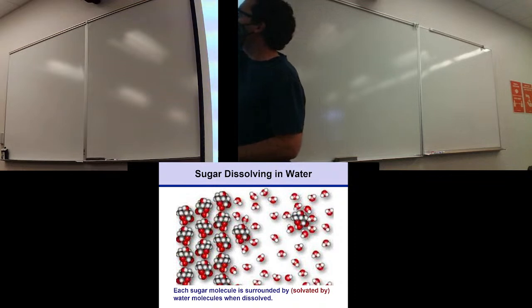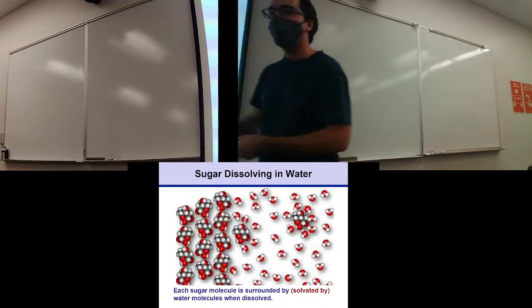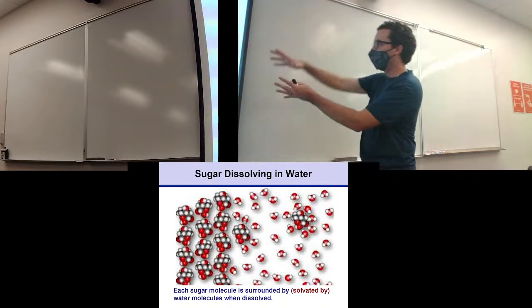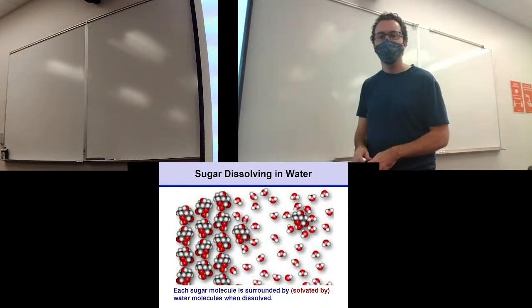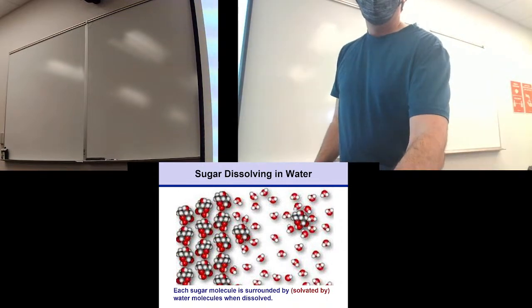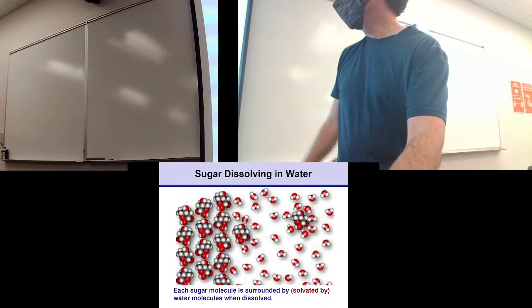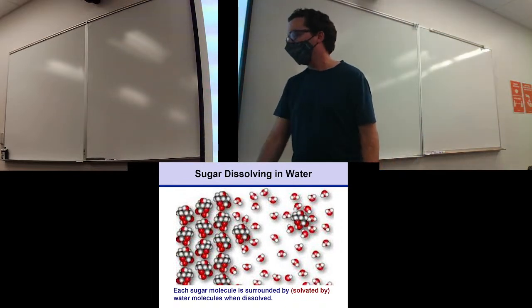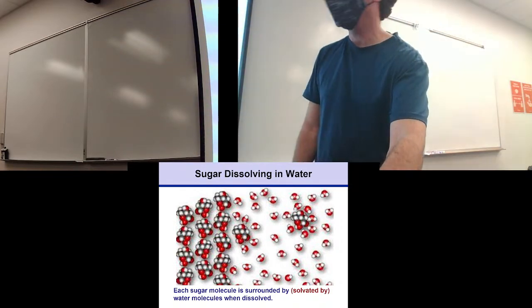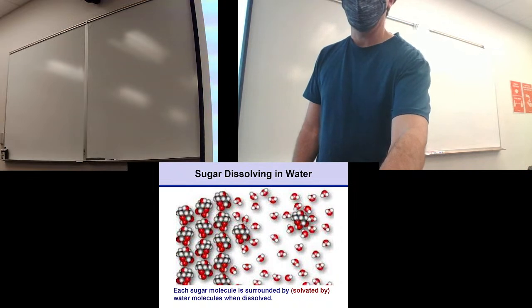And so when a sugar molecule is dissolved, that's kind of what you should be seeing at the particle level. You've got water molecules surrounding these sugar particles, and they're equally distributed throughout the water. Okay. We can say that the sugar molecules are solvated. It's a word that you can use to describe the process here.